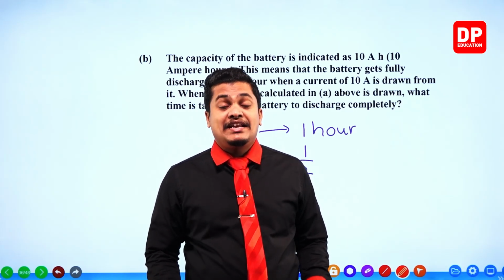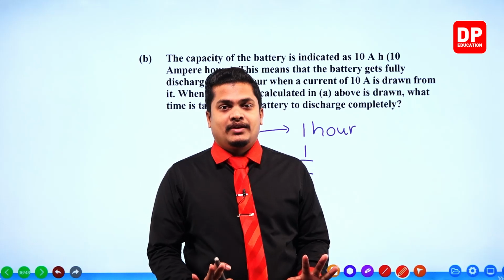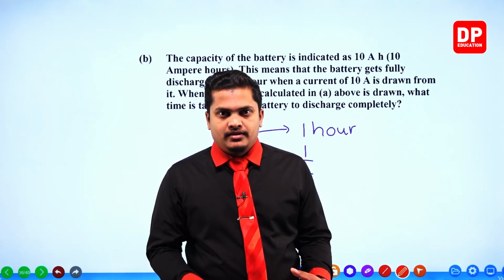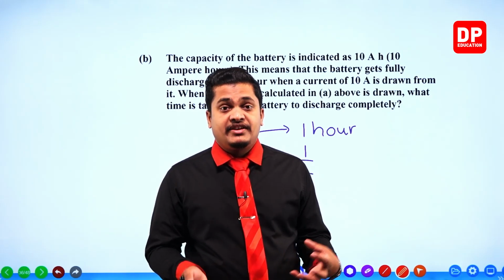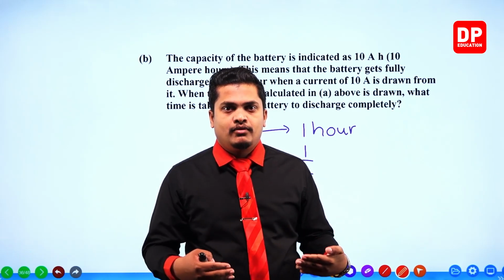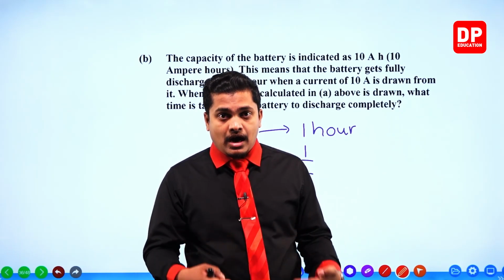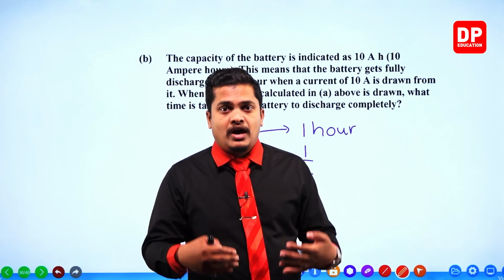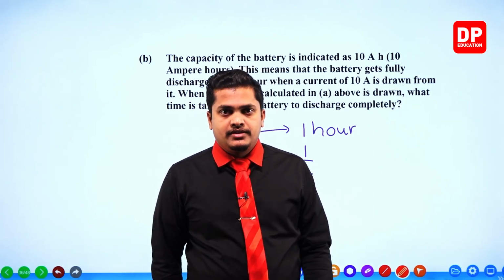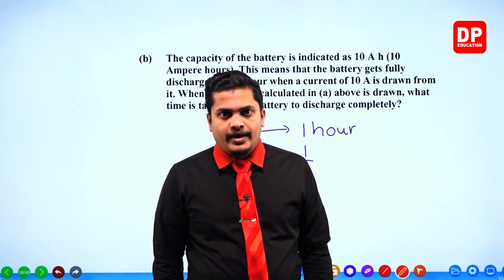Not decrease, but it will increase. It is working for 1 hour when giving a huge amount of current, so if I halve the current given, then definitely the time that can be consumed is going to increase.